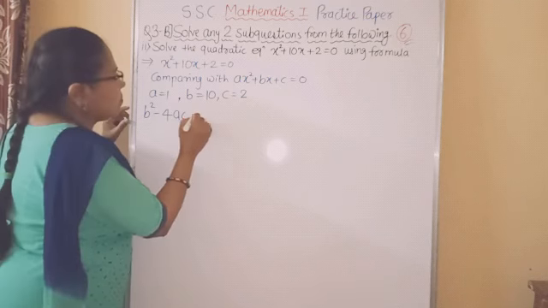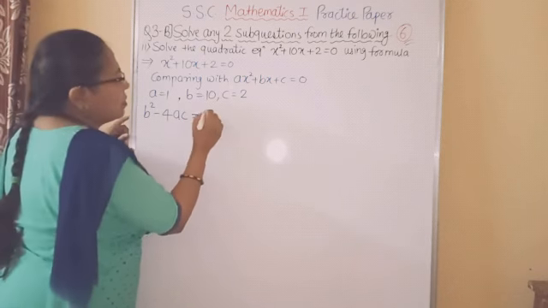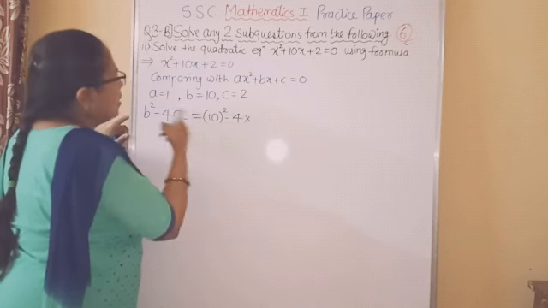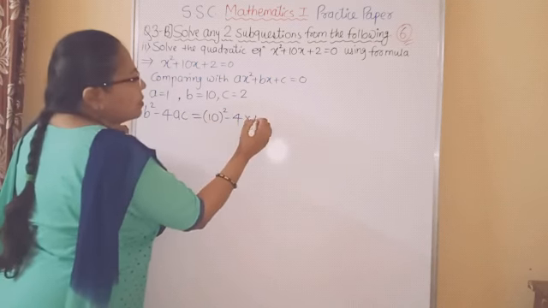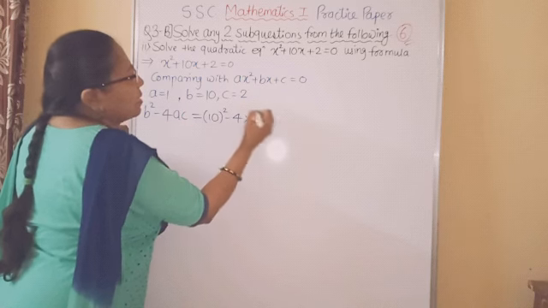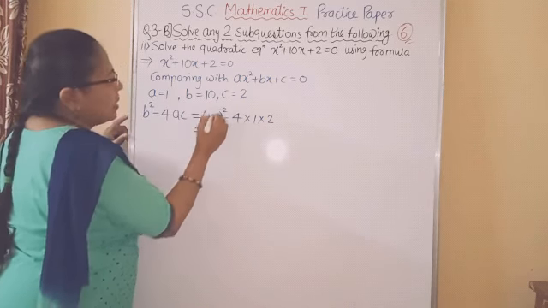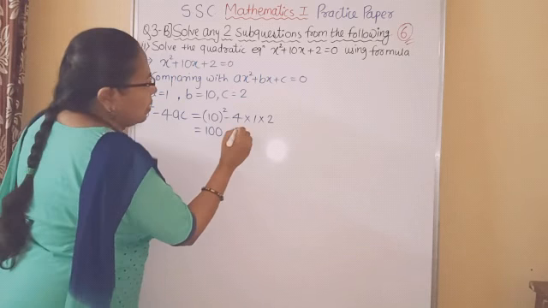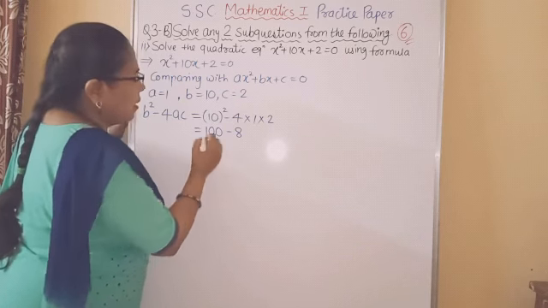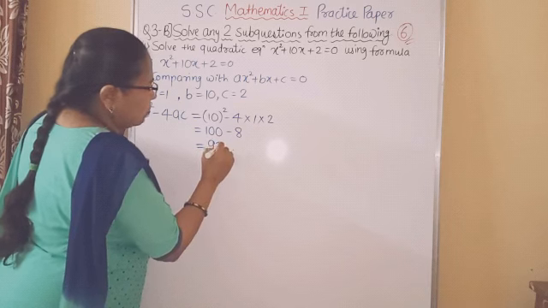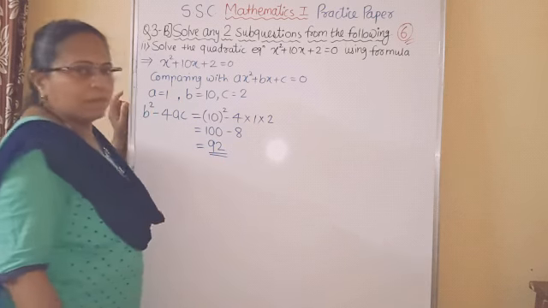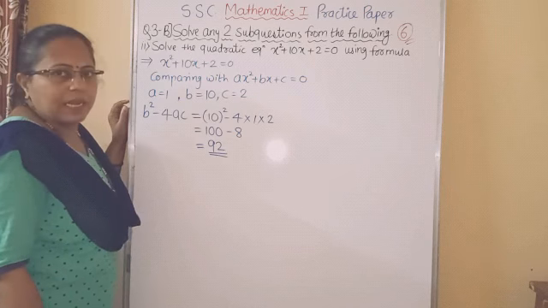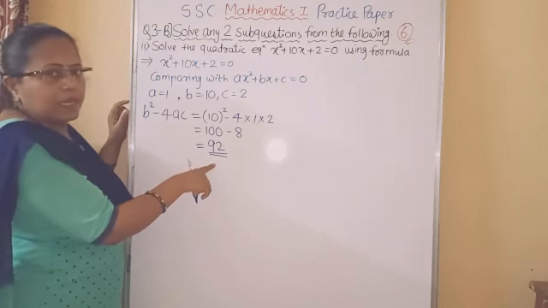Okay. b is equal to 10. 10 square minus 4 into a 1 into c 2. 10 square is 100 minus 4 2s are 8. 100 minus 8 is equal to 92. Okay. So here we got the value of b square minus 4ac, 92.